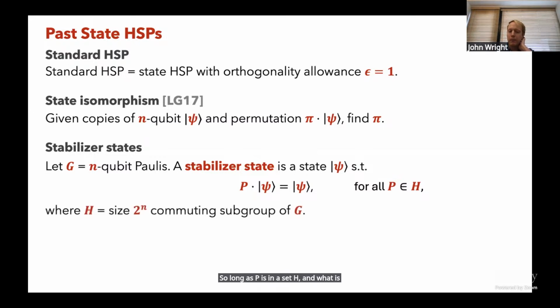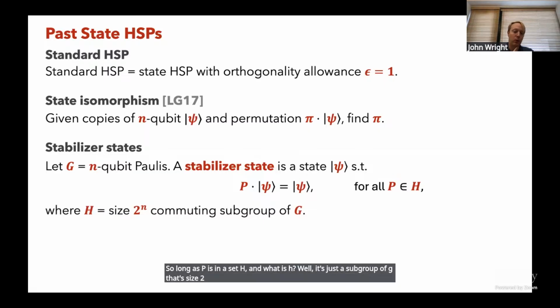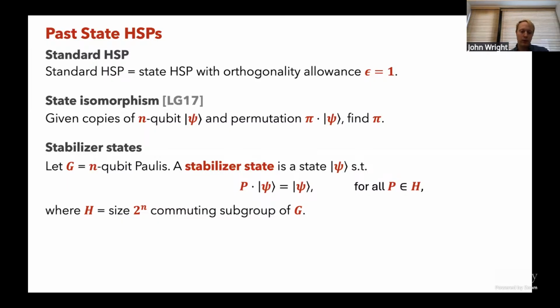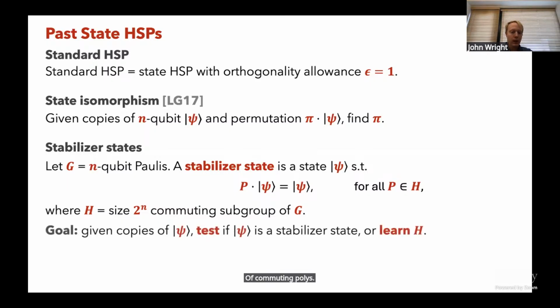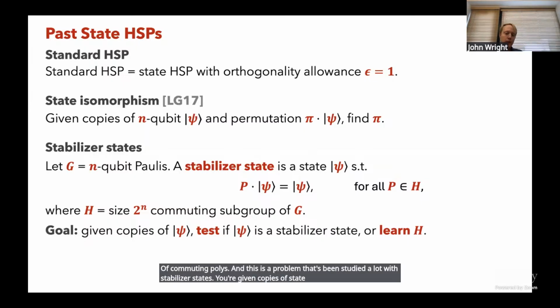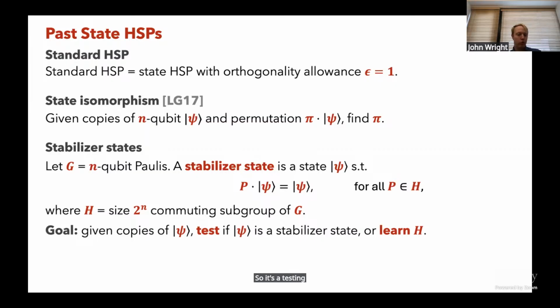Well, it's just a subgroup of G of size 2 to the n, and it only consists of commuting Paulis. This is a problem that's been studied a lot with stabilizer states. You're given copies of state psi, and you'd like to test if psi is a stabilizer state. So it's a testing version, or maybe you want to learn which stabilizer state it is, in which case you want to learn the hidden subgroup H.